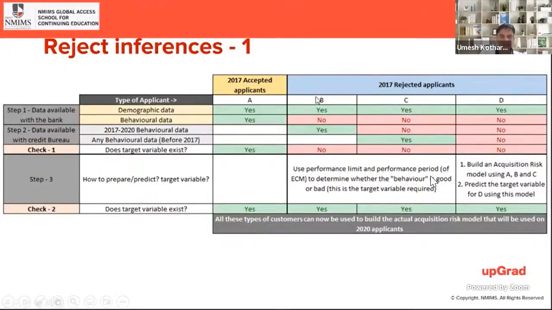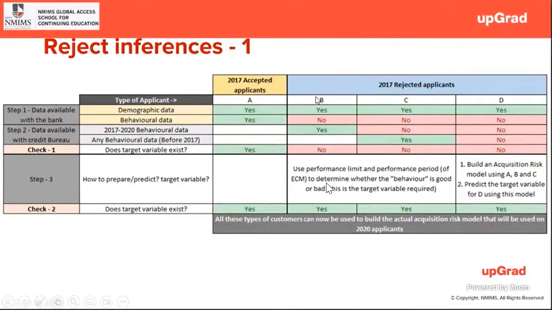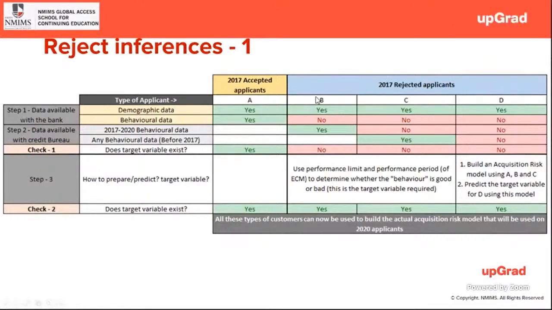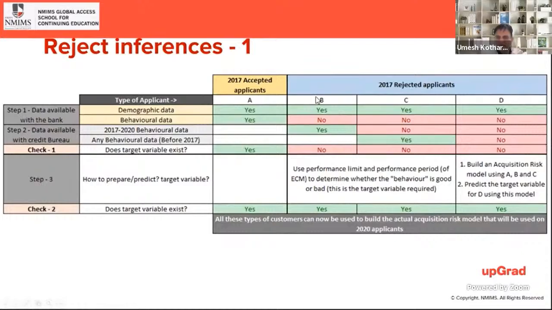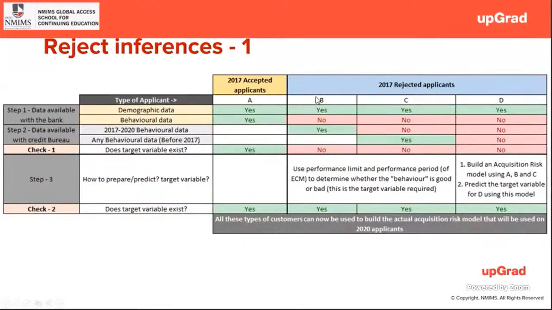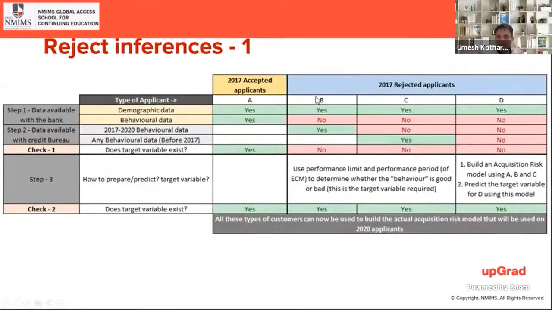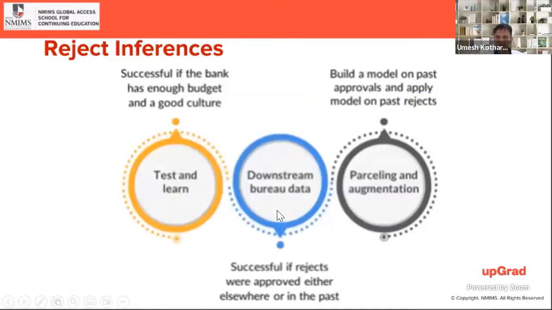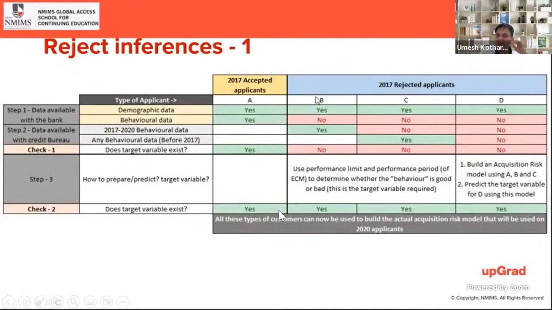B is also augmentation? B and C are downstream bureau data, based on that bureau data they will decide, and D is parceling and augmentation.